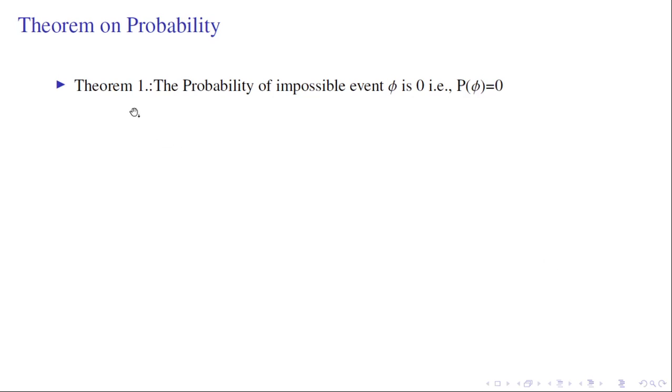Theorem 1: the probability of the impossible event phi is 0. That is, probability of phi is equal to 0. Since S union phi is equal to S, and S intersection phi is phi.